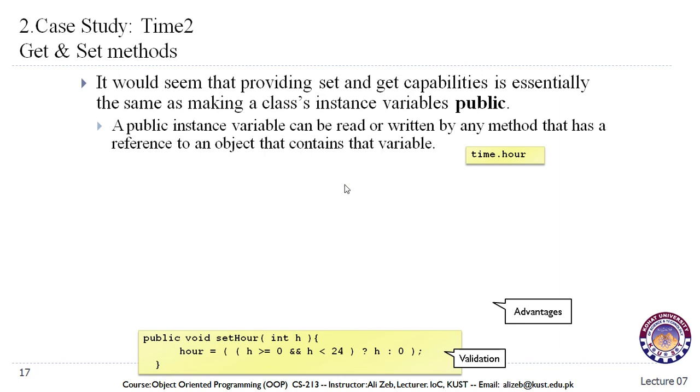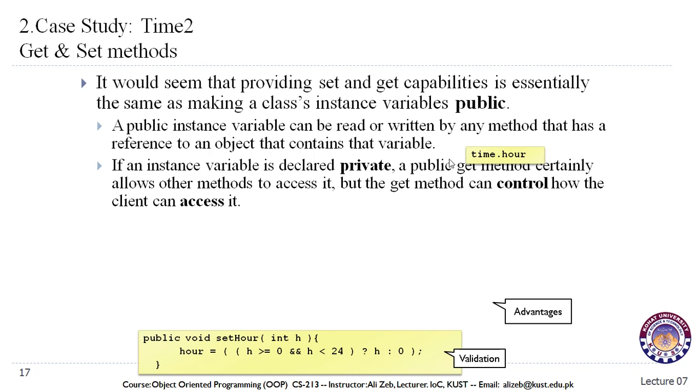A public instance variable can be read or written by any method that has a reference to an object that contains that variable. So if we declare our variable as public, then when we create an object for the class, we would be able to access that public variable using the object of the class.